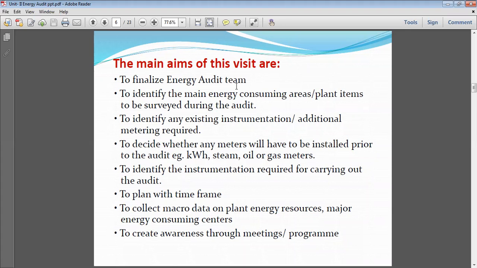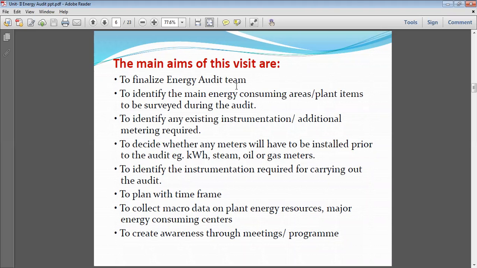It may be the utility side, the production side, or the material handling side. But if you want to do the analysis of a single machine, then you have to connect one more meter, or keep some portable meter so that we can measure the detailed parameters on the electrical side, or on the thermal side for the particular machine.